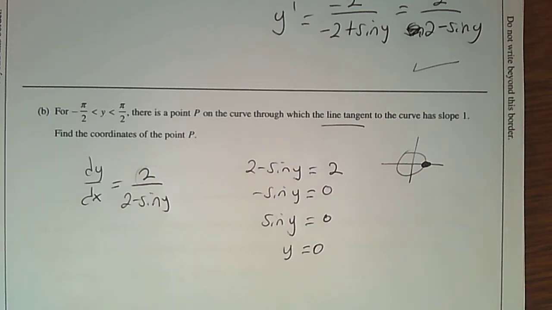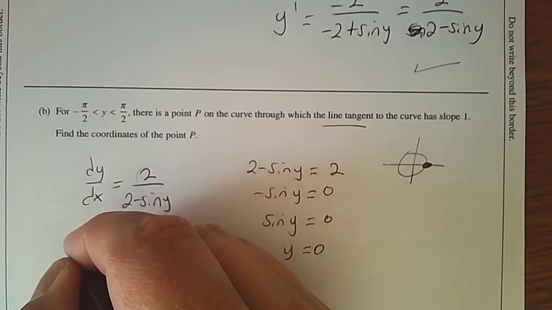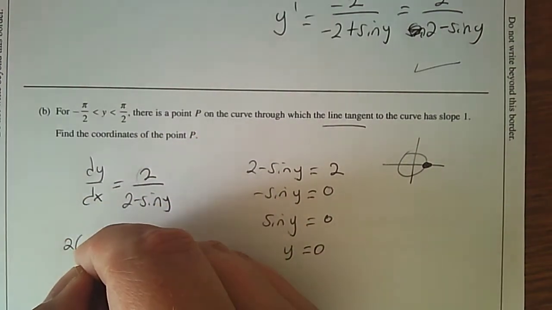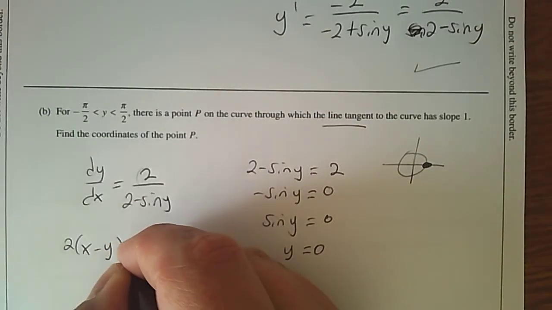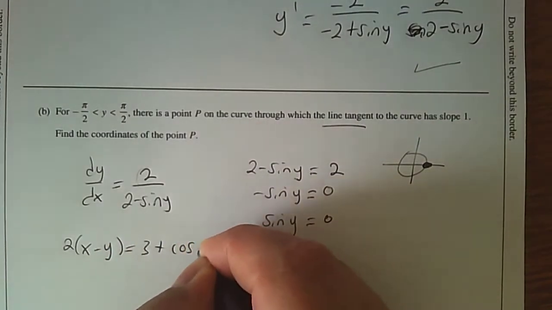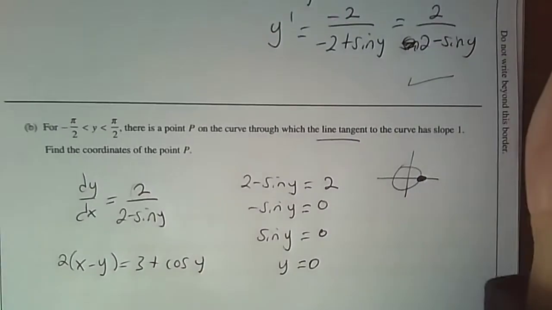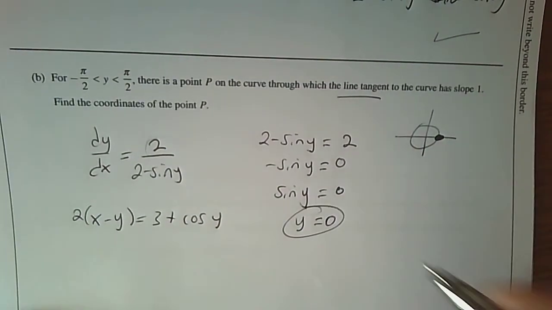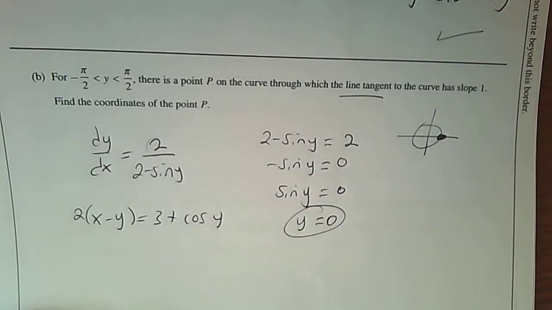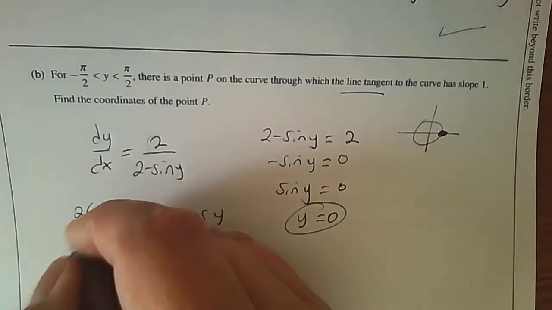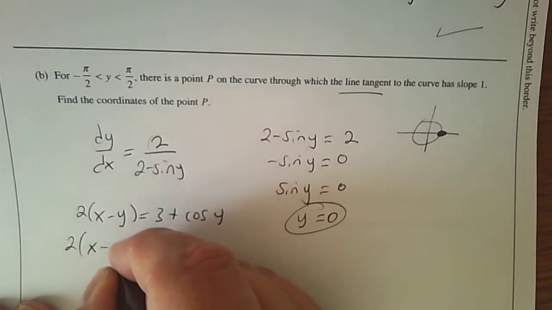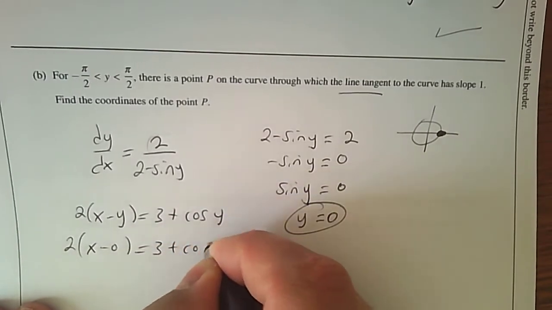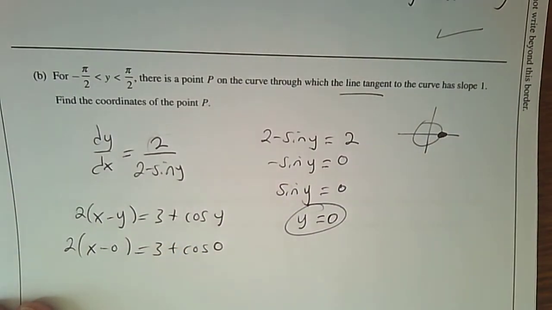Next, I need to go back to the equation that was given in question number 6. Now I have a way to substitute in and find the x value. So I'm kind of working backwards. I know this, but I don't know the x value yet. So to find the x value, where there's a y, I'm going to plug in 0. And then I'm going to solve for x.